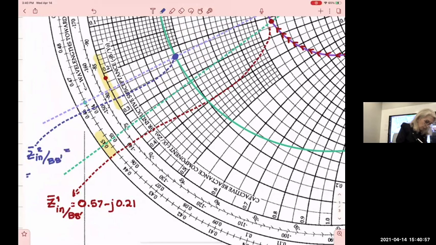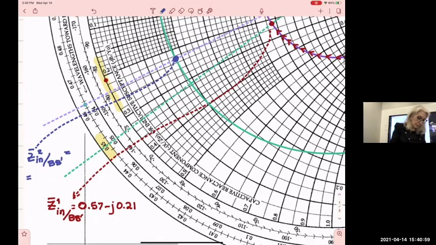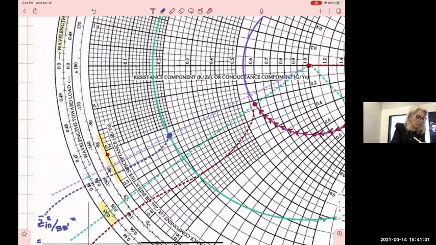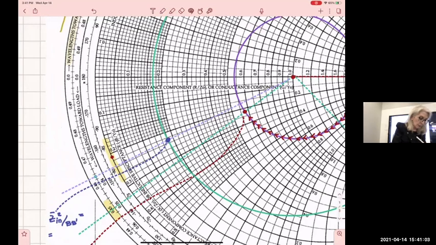So it's going to be here. How much? I have to read, the real part is from here, which is 0.1, and this, 0.1, 1, 2, 3, 4, 5, 6, 7, say 0.17.